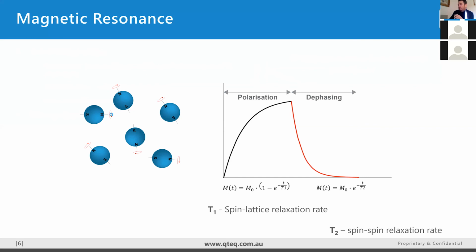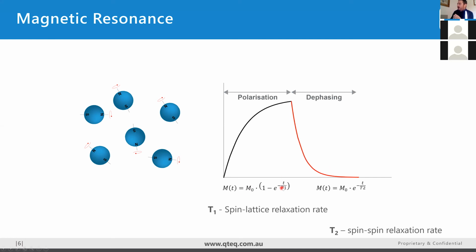And then also diffusion. If we have small changes in magnetic field from one side of the pore to the other, that also affects how quickly dephasing happens. But we design the tools such that the diffusion is quite small and negligible, and our bulk relaxation, because we're typically in small pores, is also quite small. So we assume that our main driver is our pore size.